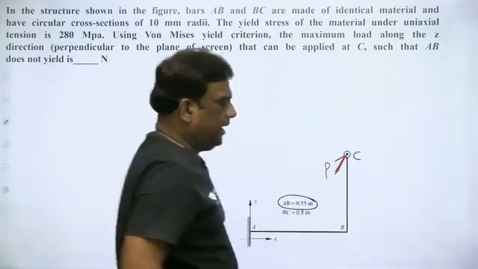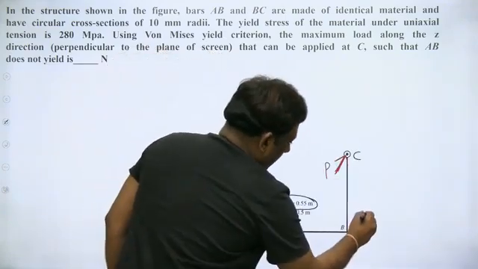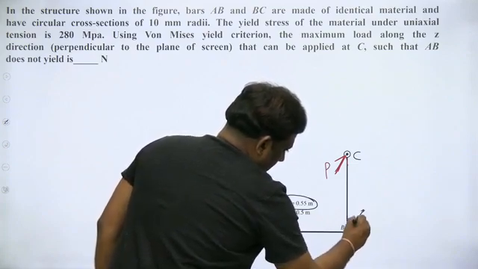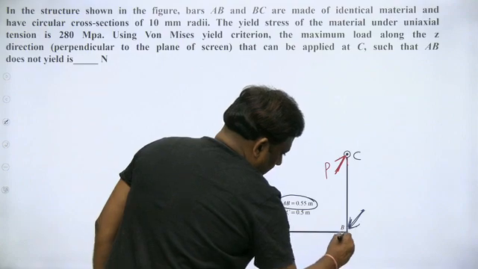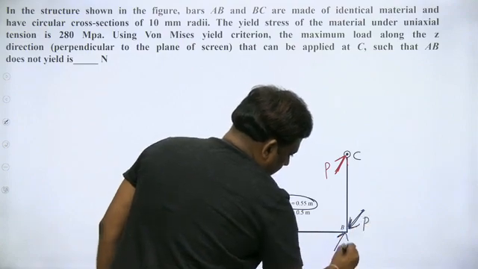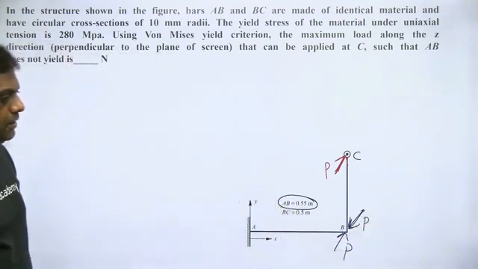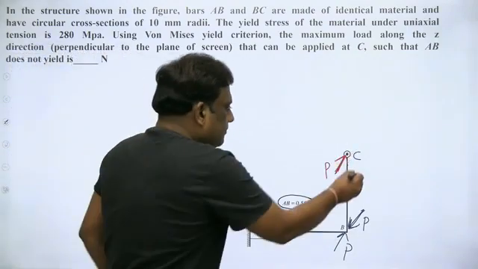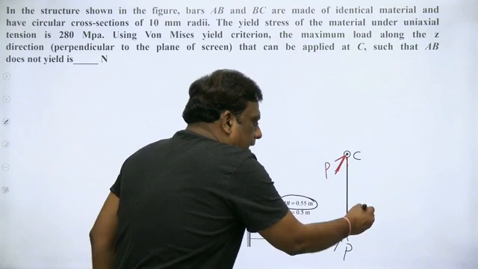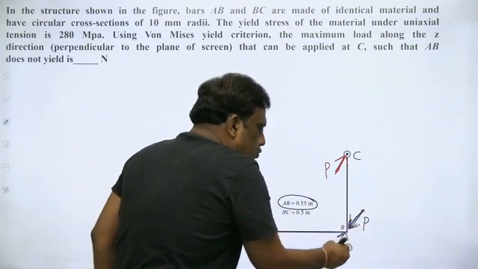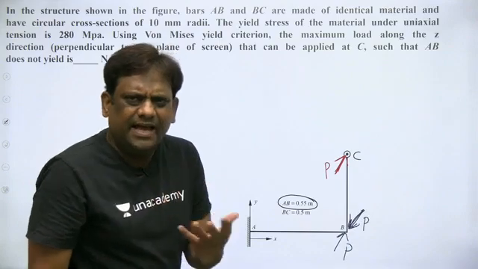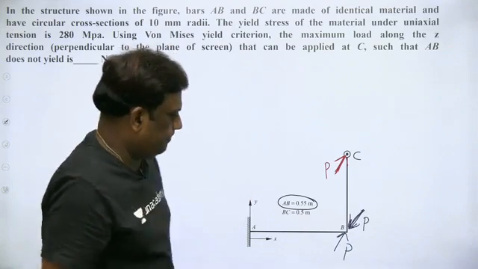So I will apply a hypothetical load like this, P and P. Very good. So please observe, this is the actual load. I am applying at the same point two equal loads of opposite sign. So there is no problem from mechanics.